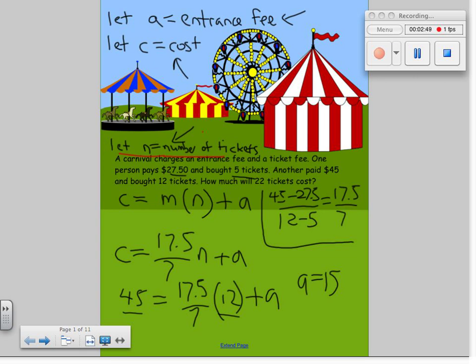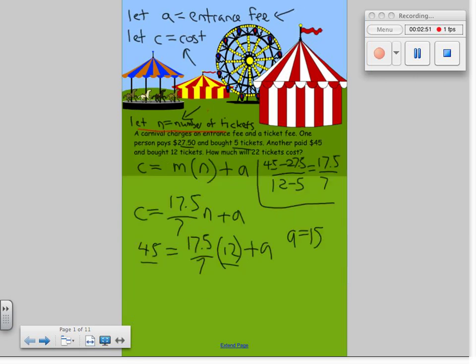So the cost is going to be equal to 17.5 divided by 7 times n plus a, which we now know, so a is going to be 15. Now I'm going to plug in the value 22 for the tickets, and then I can solve the problem.